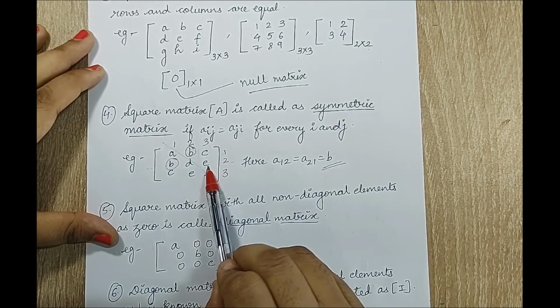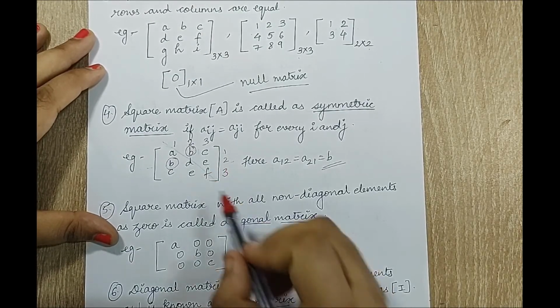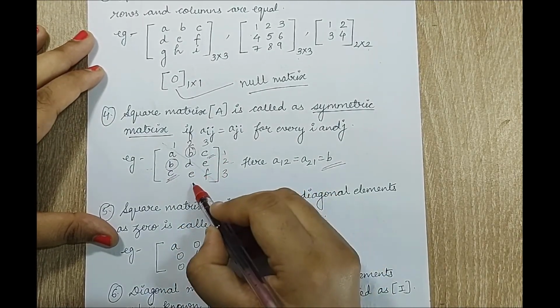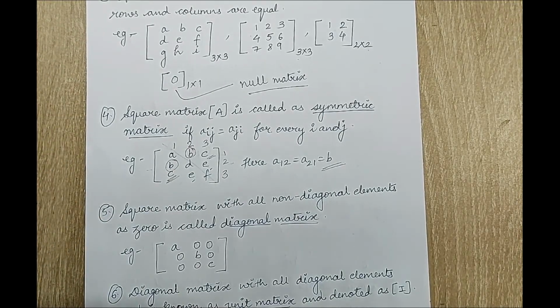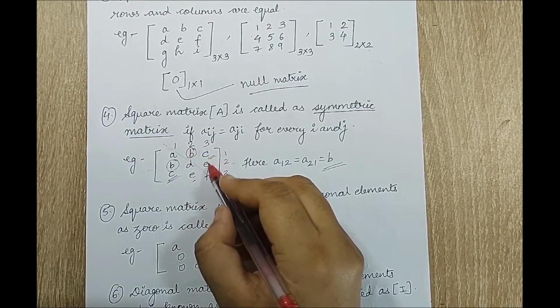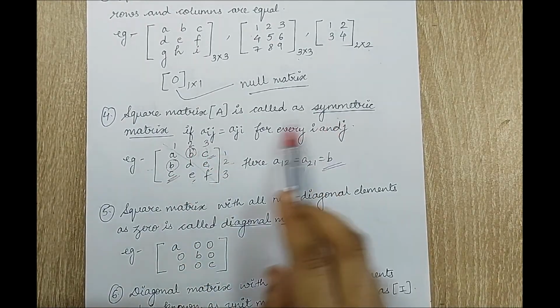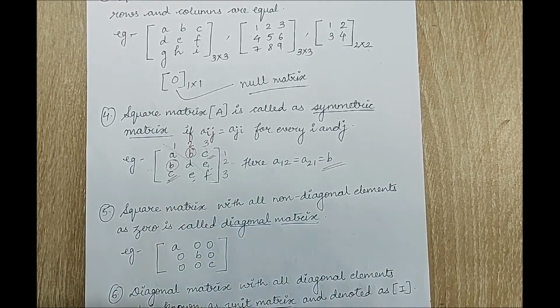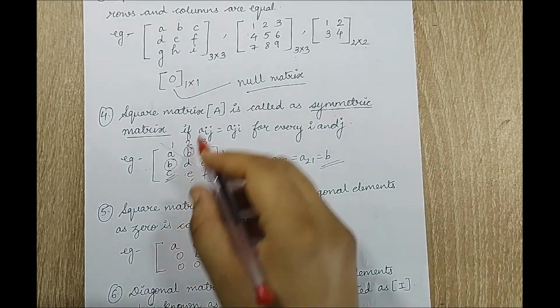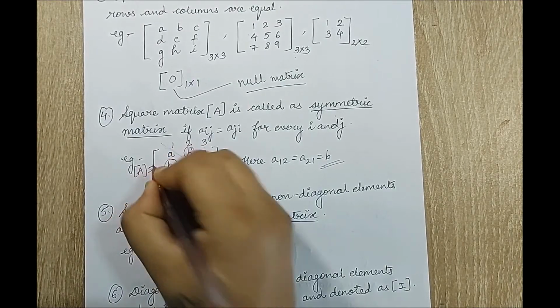A32 and A23 have the same value. So you can see B, C and E. These are forming elements such that they are symmetric above and below the diagonal. So this kind of matrix will be called a symmetric matrix, and obviously it has to be a square matrix. So this is that matrix A. So just label it A.